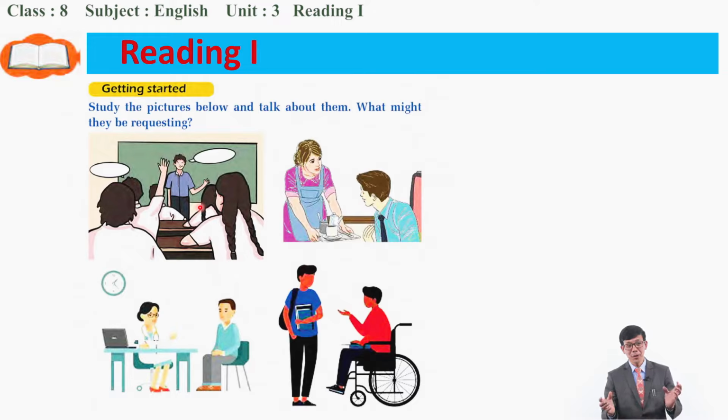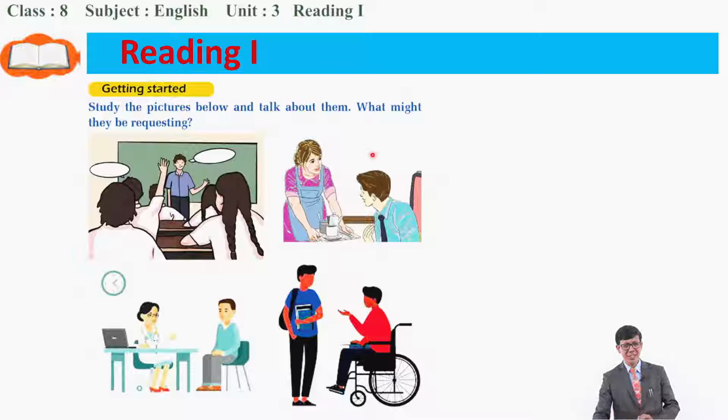So, who are these people? Very good. They are students in a classroom, and you can also see teachers there, right? One of the students is raising his hand. Now please tell me, what might he be asking there? Very good. Maybe he is asking to repeat something, right?